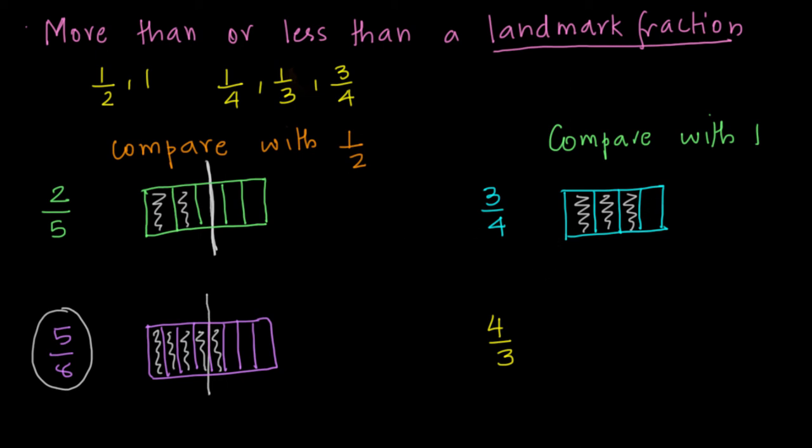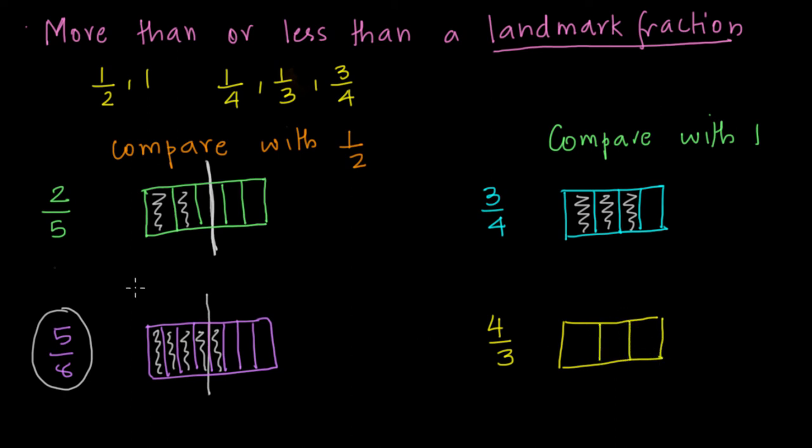So now let's look at 4/3. Some people think 4/3 doesn't look very proper, it doesn't look like a fraction. And that's true, it's actually called an improper fraction. This 3 tells me that the whole needs to be split into 3 parts. So I'm going to divide it into 3 parts.